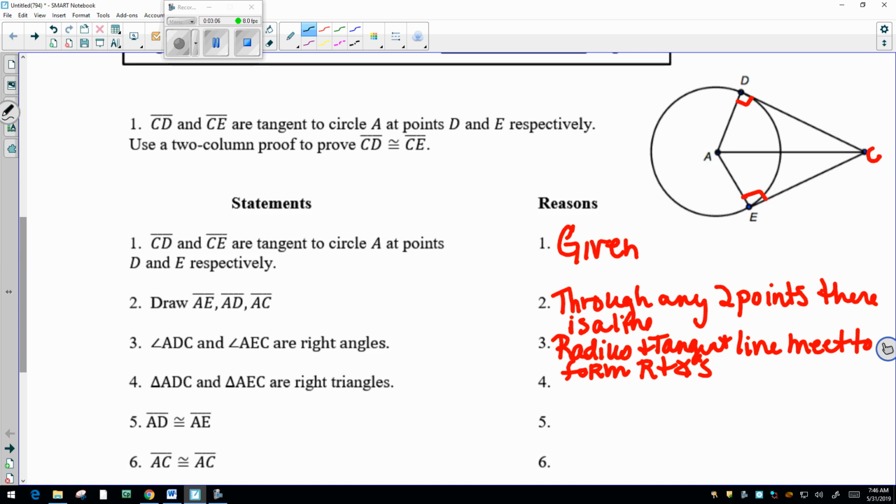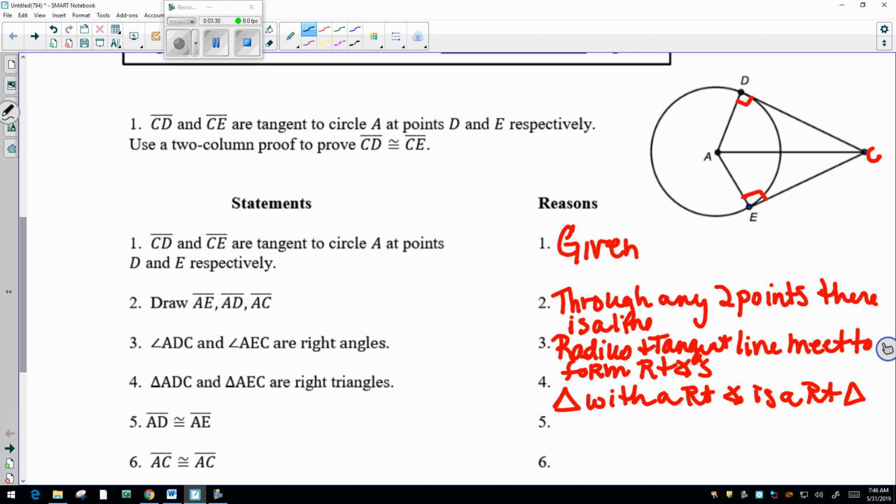So I knew it was a tangent line from the given. I know a radius goes from the center to the edge of the circle. So I know those have to be right angles. So if I look at the triangles, I know that those have to be right triangles because any triangle with a right angle is a right triangle.